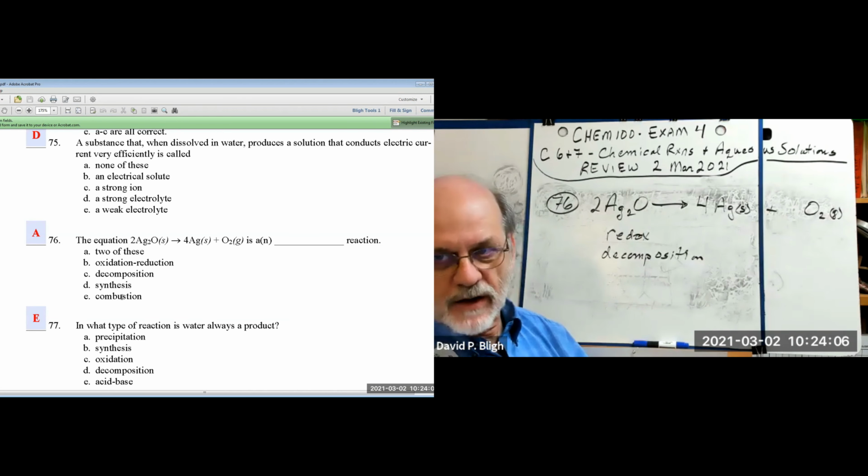Precipitation of these choices is the only one. It's not acid-base. There's been no oxidation or reduction. So precipitation is the only one that works. We've done one like that.